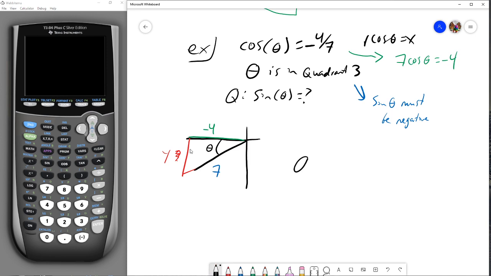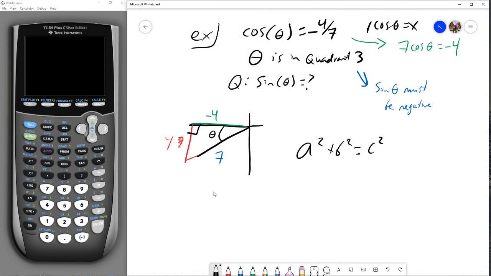The Pythagorean Theorem is a squared plus b squared is equal to c squared, where a and b are the two sides of the right triangle. By design, this is a right triangle, and c is the hypotenuse. If we set this up, we'll have y squared plus -4, that quantity squared, is equal to 7 squared.